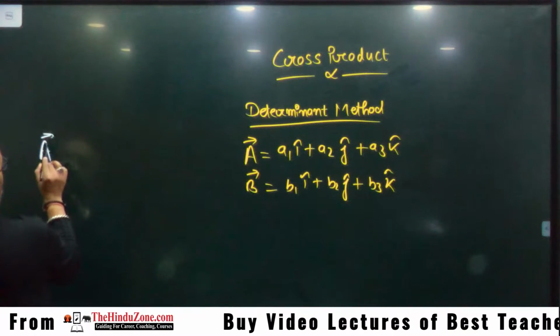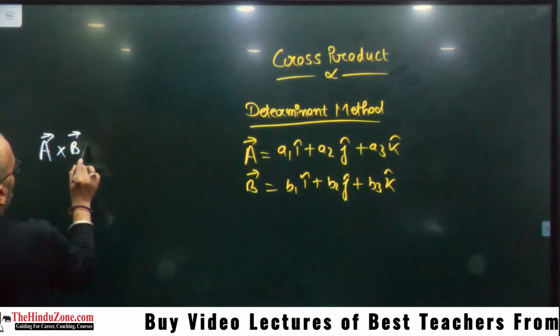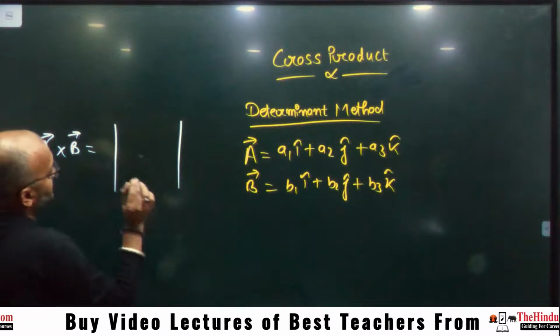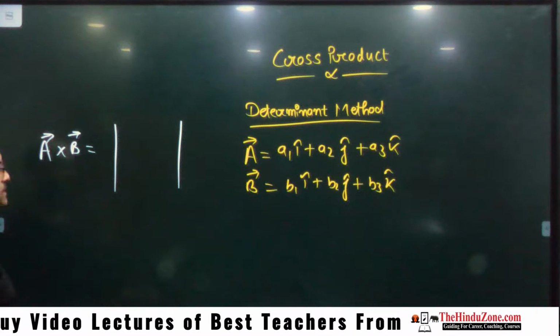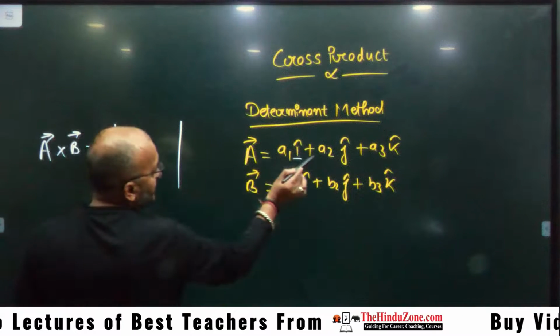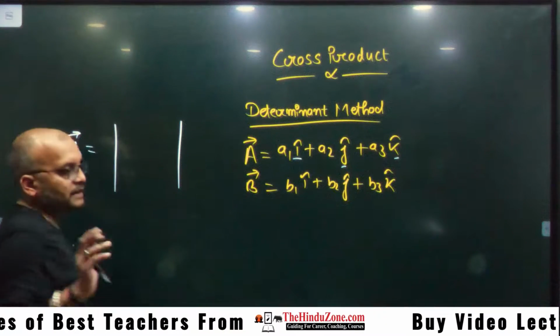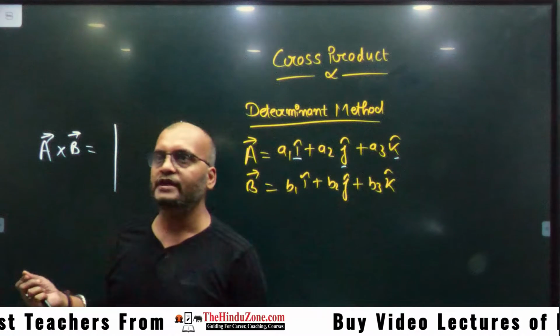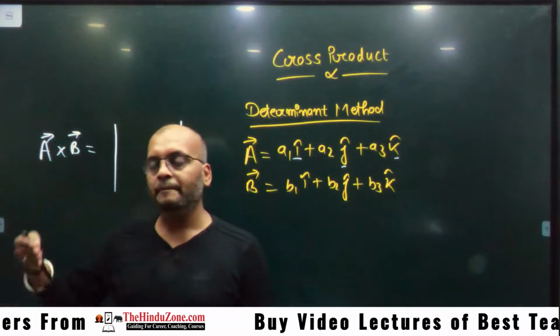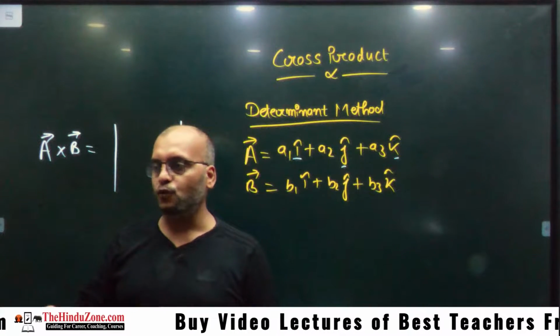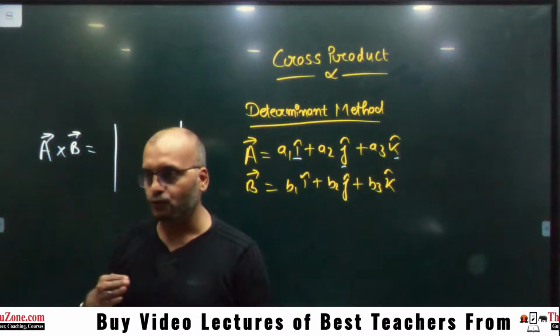We will say that A cross B will be, this is the symbol of determinant, right? Now I, J and K are there. Vertical lines are known as columns and horizontal are known as rows.